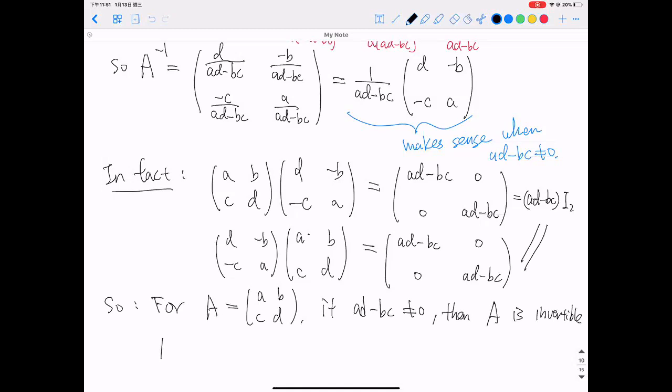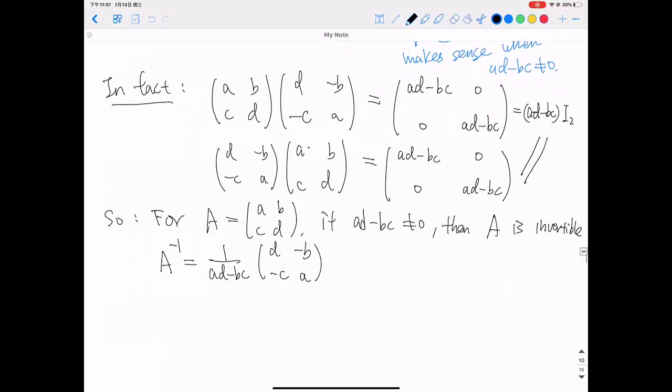A inverse is moreover given by 1 over AD minus BC times D, minus B, minus C, A. If AD minus BC is 0, then A is not invertible.